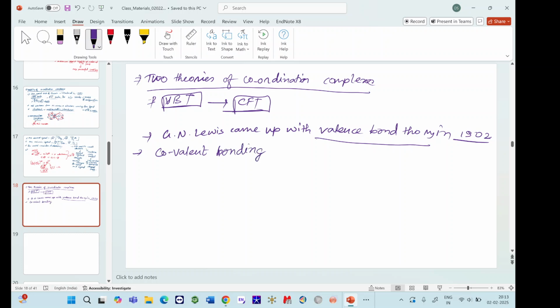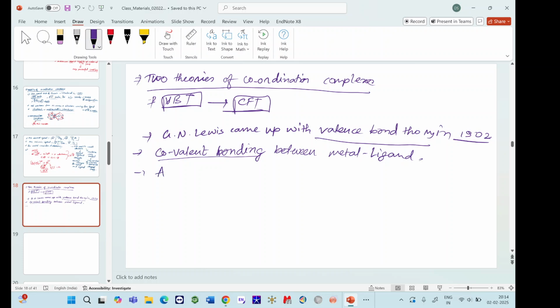This was all at the stage where coordination chemistry was growing. So they thought it was all covalent bonding between metal and ligand.